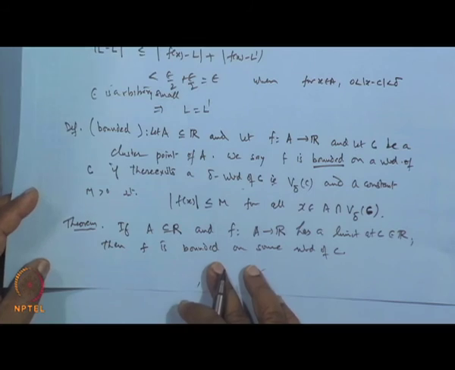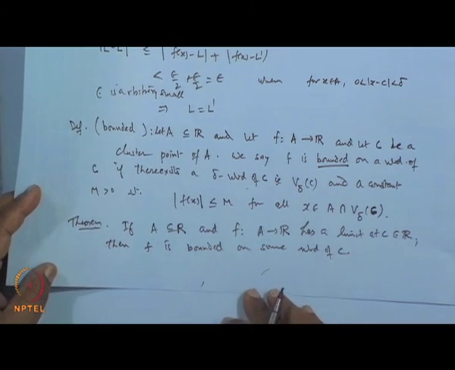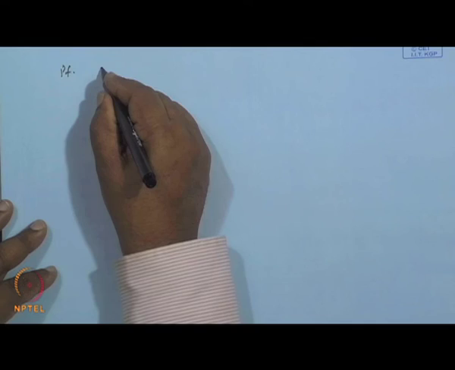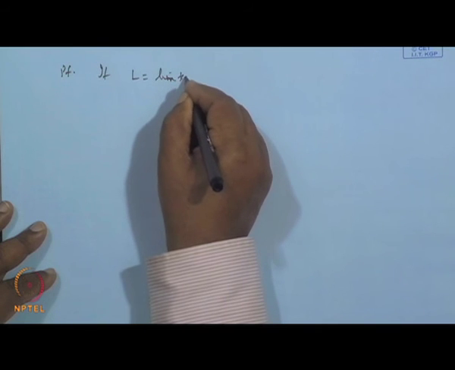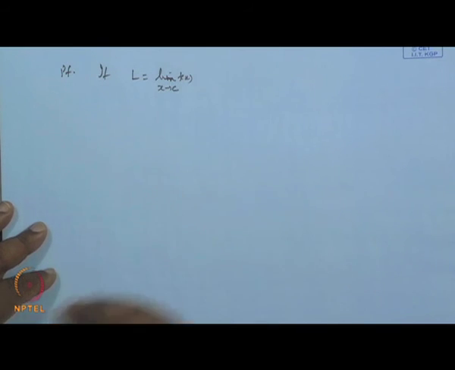Let us see the proof of this result. If the limit of the function f exists, then f must be bounded in some neighborhood of c. Suppose L is the limit of f x when x tends to c; this is given.